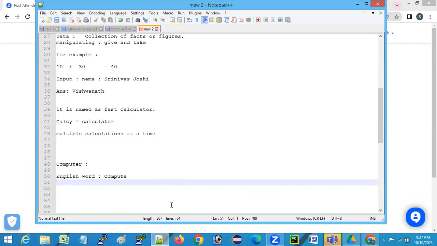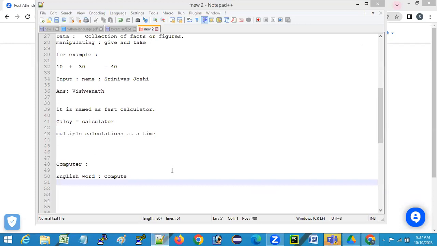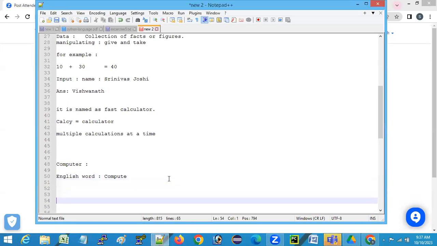Yes, guys. Now, this is the computer. Now, after that, point to be very clear, keep in mind that what I am going to teach will help you in your future and in the development of your career.